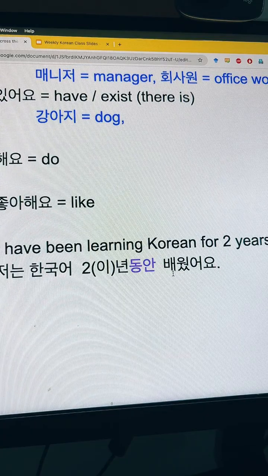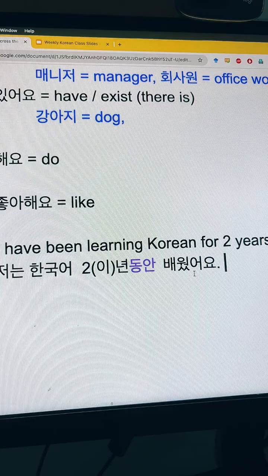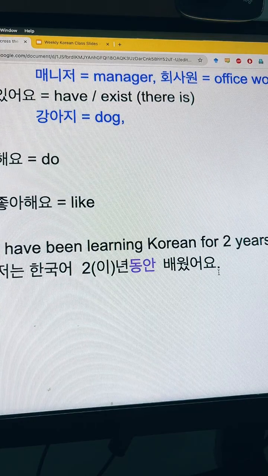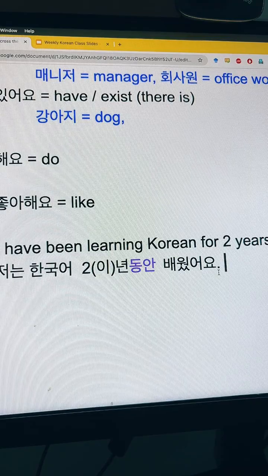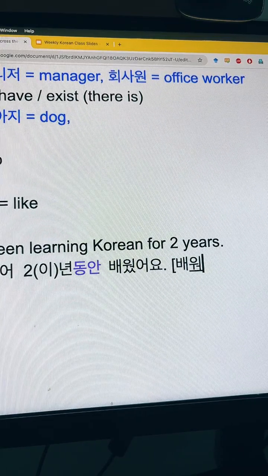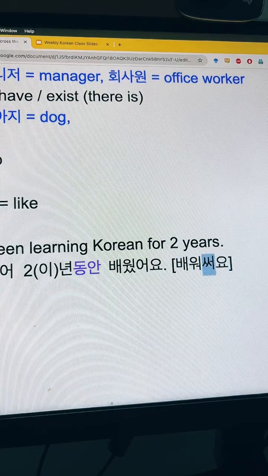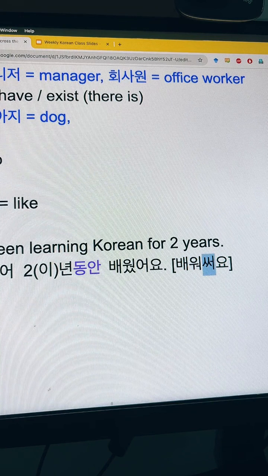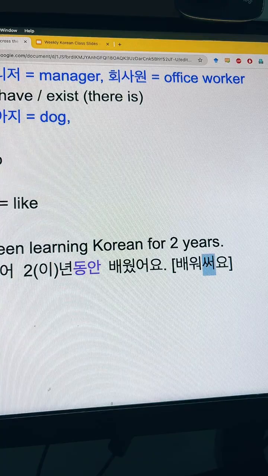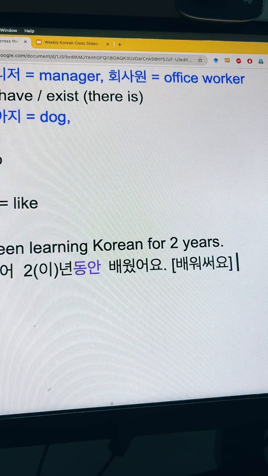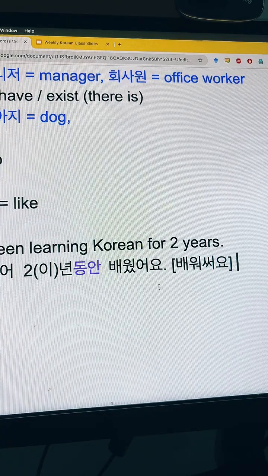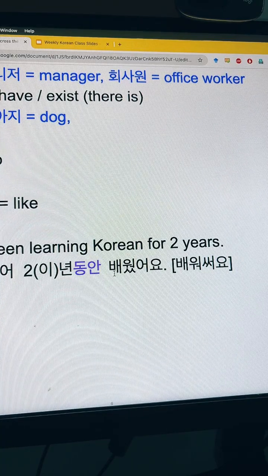So instead of saying 배웠어요, you would just say 배웠어요, as if the double shield got carried over to the third syllable. Does that make sense? If you keep that in mind, to make everything sound very fluid and liaison to the next syllable, you might sound a little more fluent, I guess. And you might feel that way too. Maybe you can also start to speak faster that way.